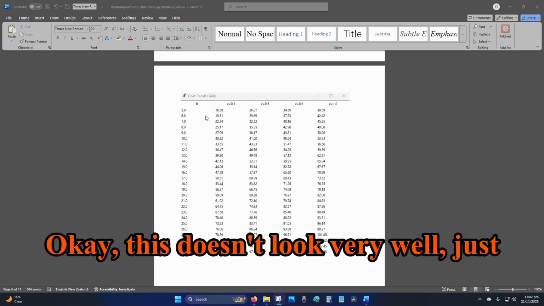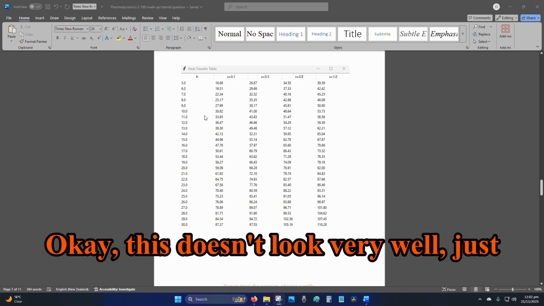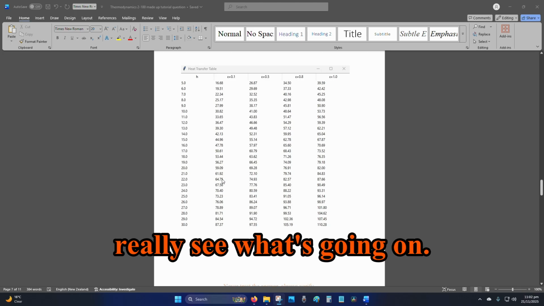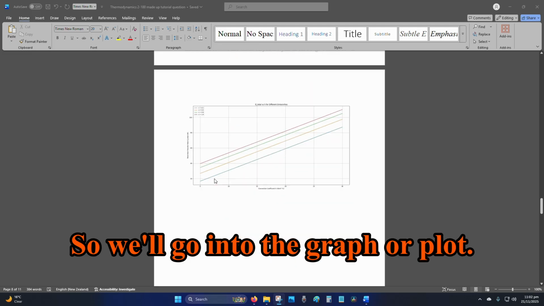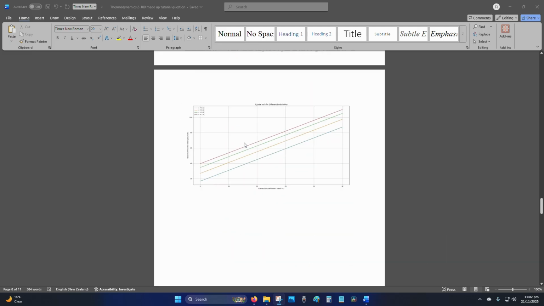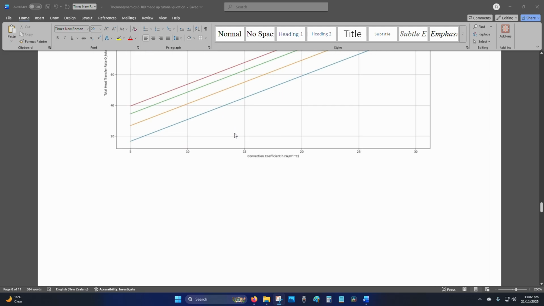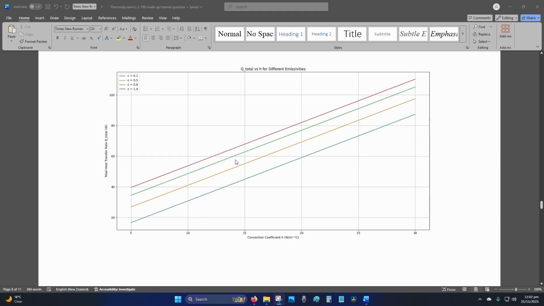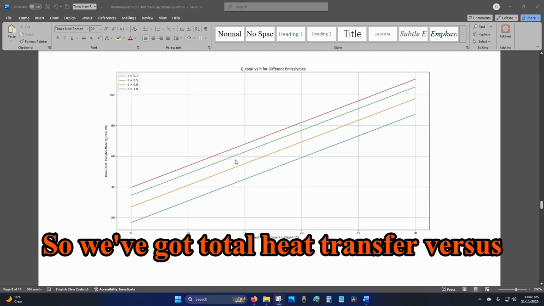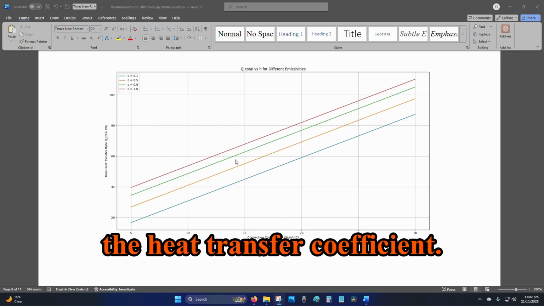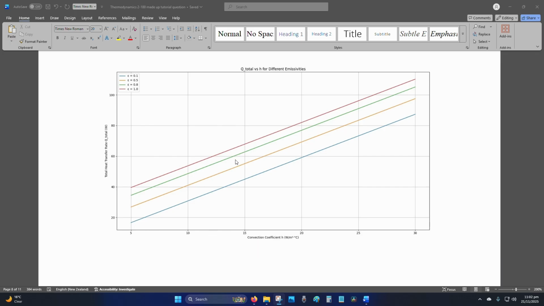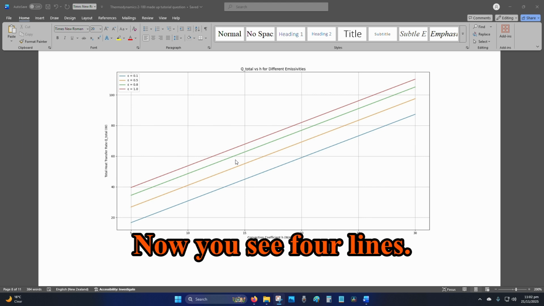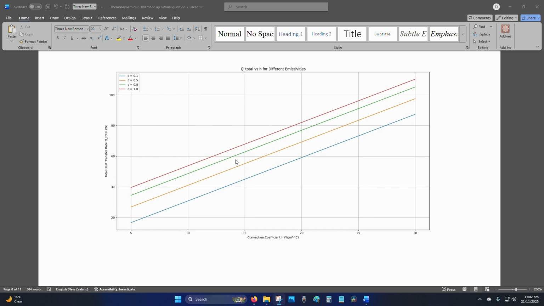Okay, this doesn't look very well. Just from the numbers, you can't really see what's going on, so we'll go into the graph or plot. Let me zoom in. So we've got total heat transfer versus the heat transfer coefficient. Now you see 4 lines.